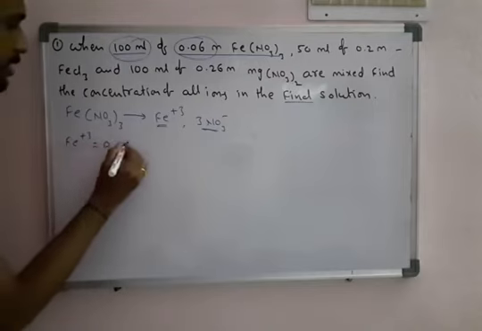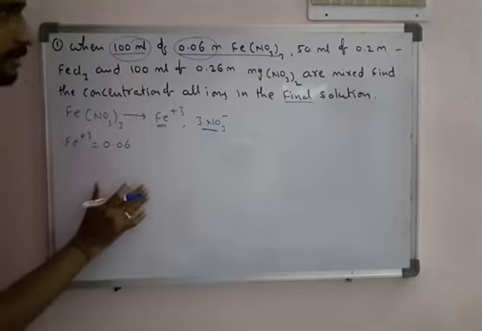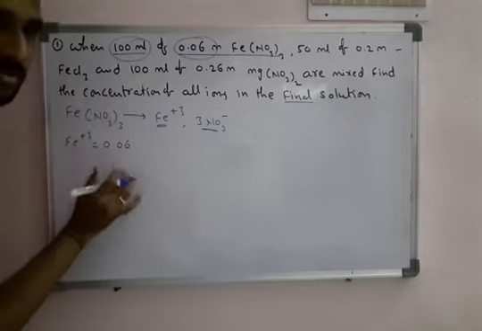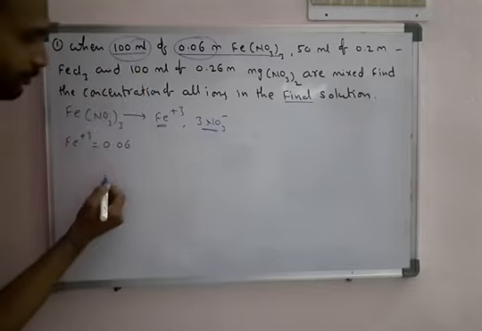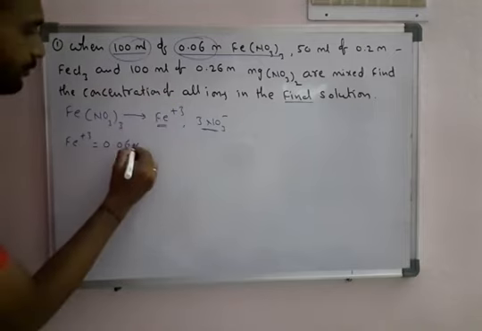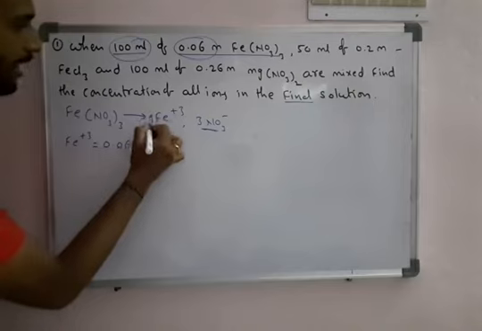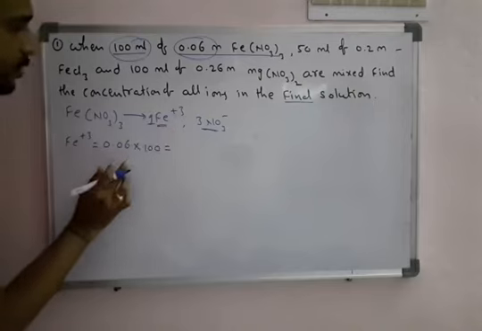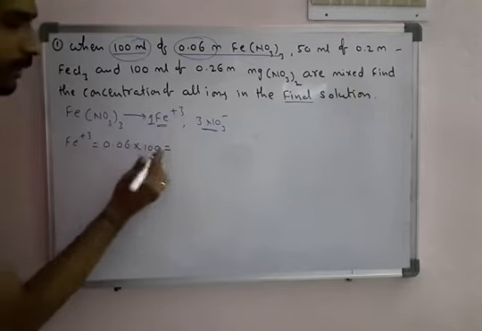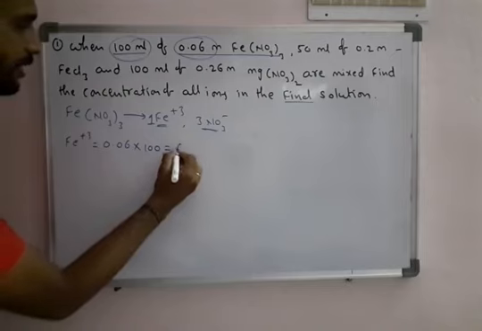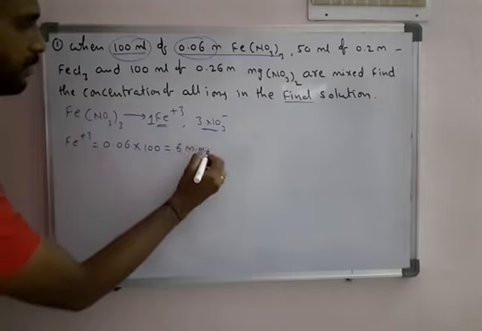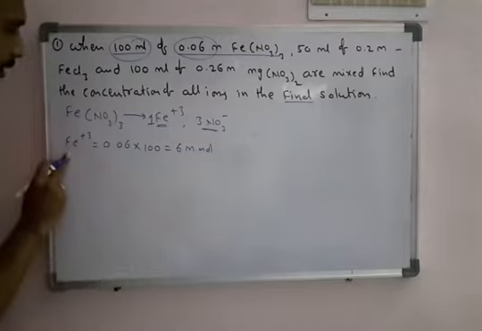Molarity is given, volume is given, so we calculate in terms of millimoles. Only one Fe+3 is there, so we take only one. That gives 6 millimoles of Fe+3 in the first solution.